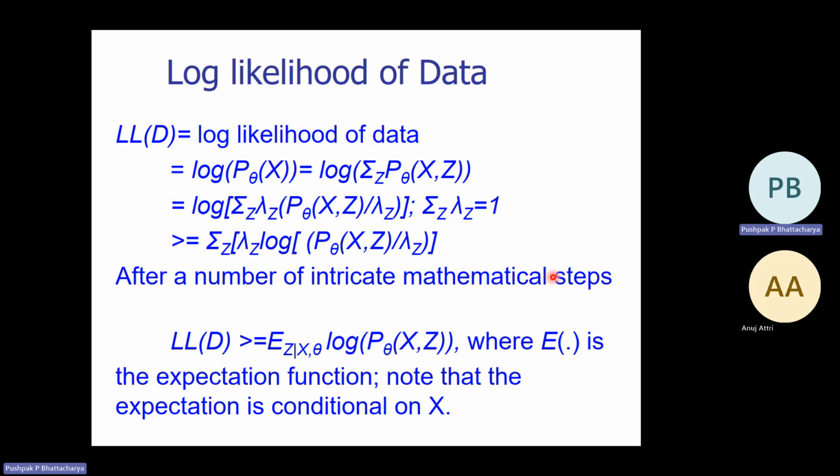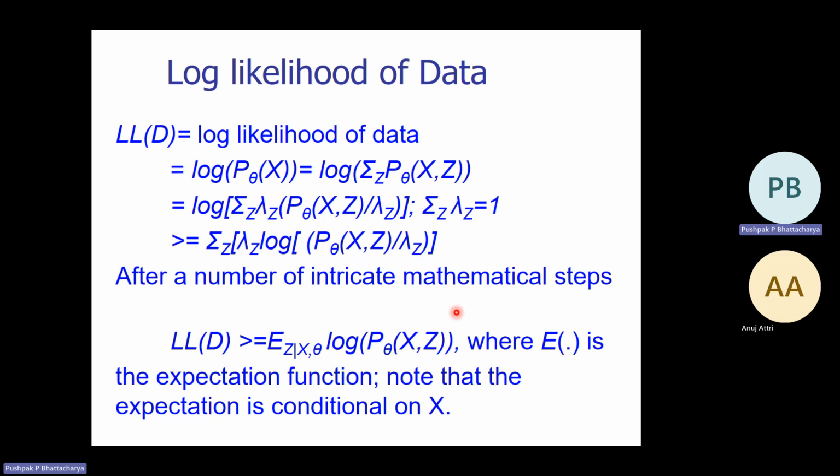So once you do that, the log likelihood of the data, which is log p theta x, that is log of sigma z p theta x comma z, by making use of Jensen's inequality and introducing appropriate lambda z, we obtain that this log likelihood expression is greater than or equal to sigma z lambda z log of p theta x z by lambda z. Because you have multiplied by lambda z and you have to divide by lambda z to maintain equality.